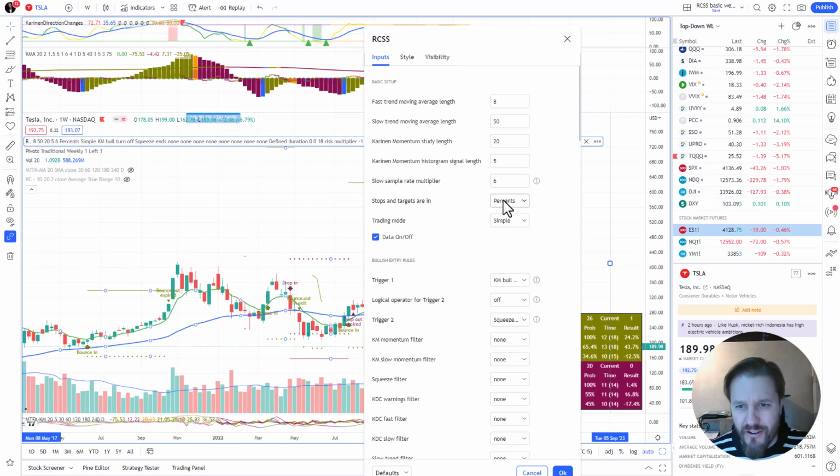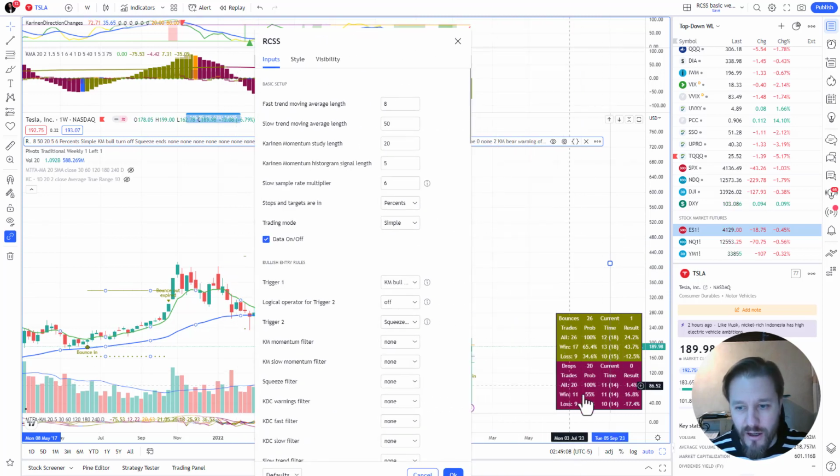Stops and targets are in percents or in currency. Percents are the standard go-to thing, especially when you're doing studies on probabilities and that sort of things. But when you're day trading, you're watching a 5-minute chart, something like that, I think you have maximum 1 year of history, and there, since also the option chain is in dollars, it's not in percents.